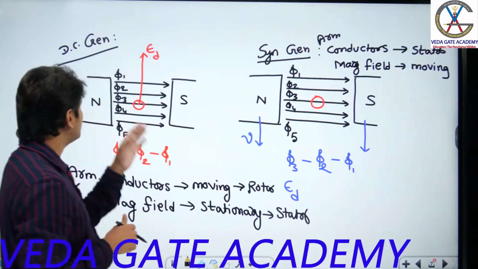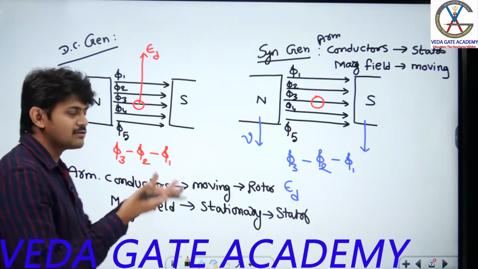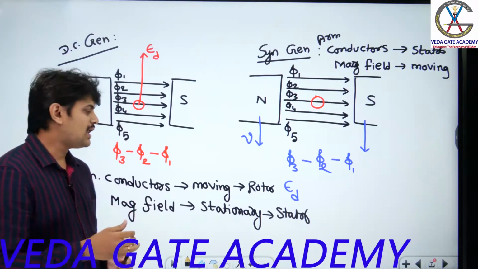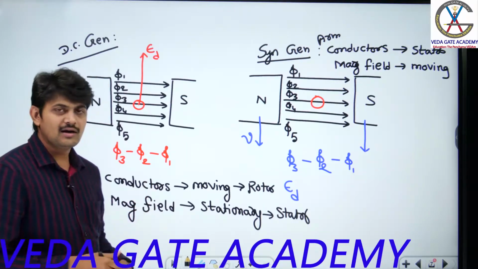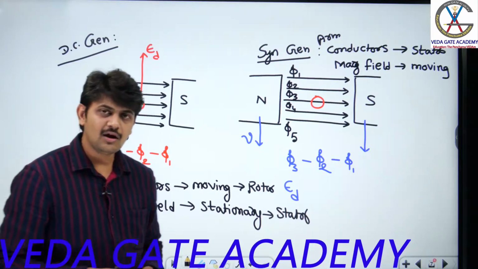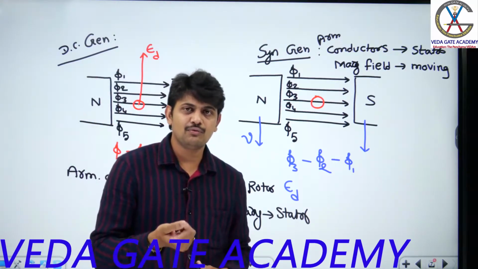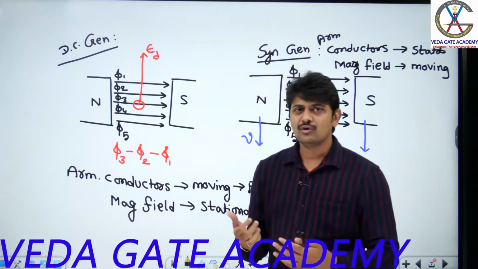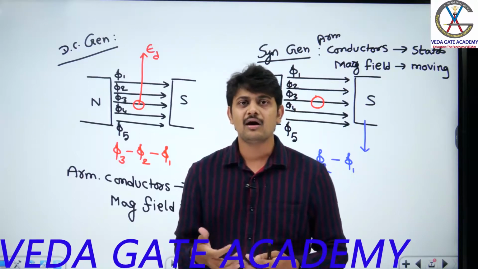Whereas in DC generators, my armature winding is placed on a rotor, and it is very difficult to collect or supply current from armature conductors placed on a rotating object called the rotor. Because if you want to collect current from a rotating object, you will definitely find either sparking or arcing.